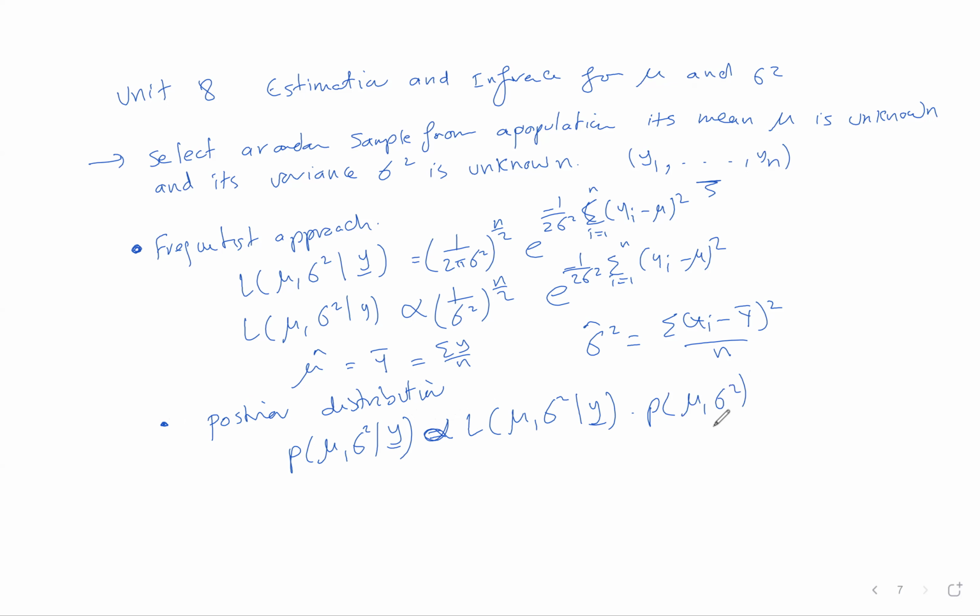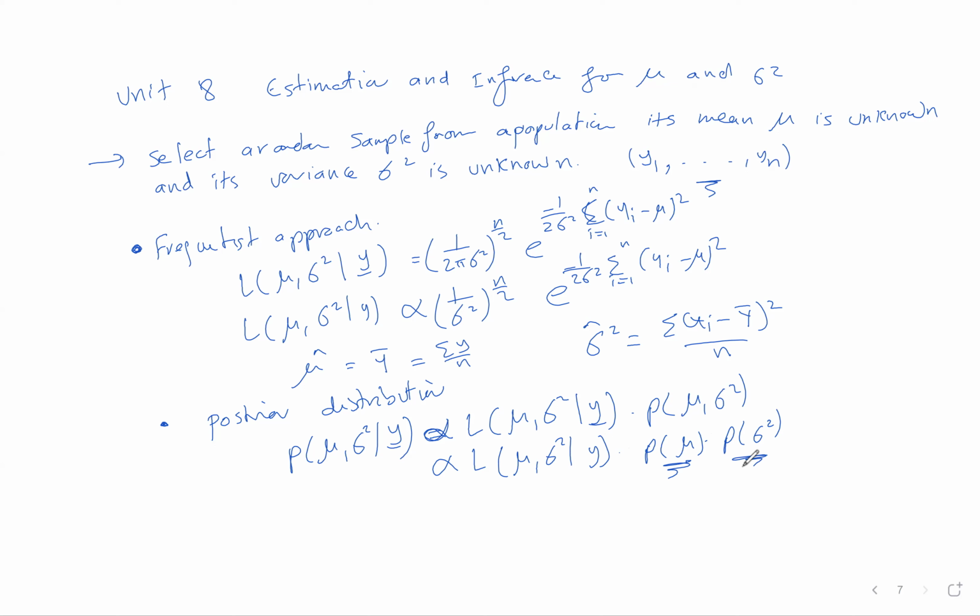If they are independent, this is proportional to the likelihood times the prior distribution of mu times the prior distribution of sigma square. So what is the prior distribution of mu? It can be normal, mu 0, sigma 0 square. The prior distribution of sigma square can be inverse gamma with alpha and beta.